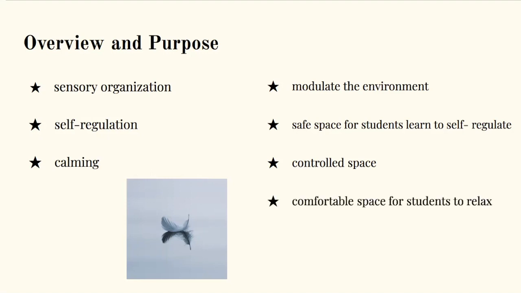We create a comfortable space for students to relax in to help them interact with others. And we can provide a safe place to help prevent and reduce meltdowns and learn to manage feelings leading to meltdowns.